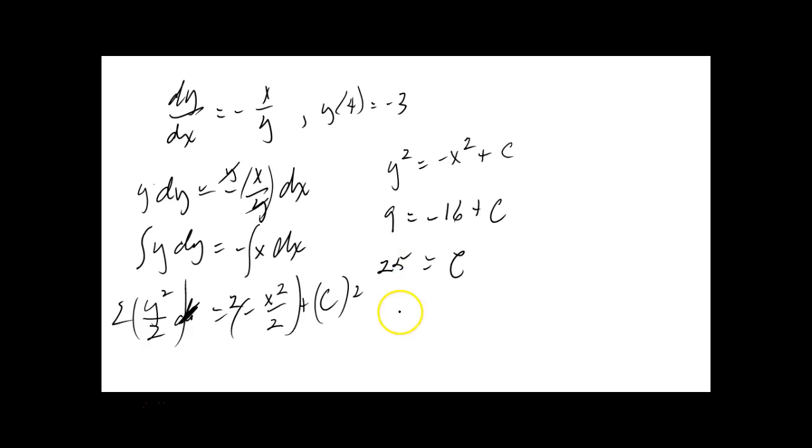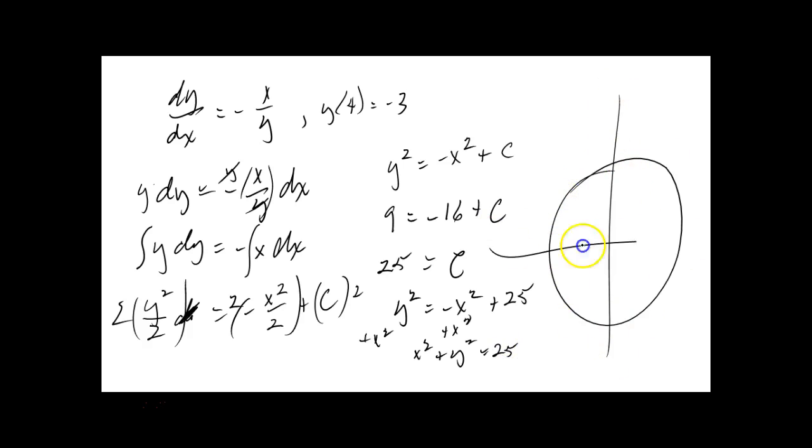Okay, so now we write down y squared is equal to minus x squared plus 25. Well, what is that? If we add x squared to both sides, we'd have x squared plus y squared is equal to 25. That basically defines a circle of radius 5.